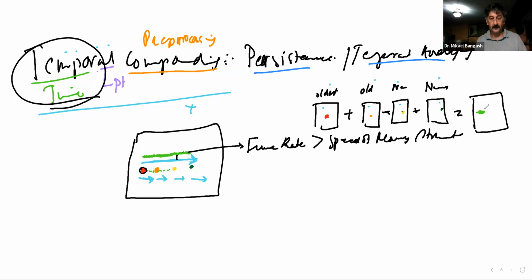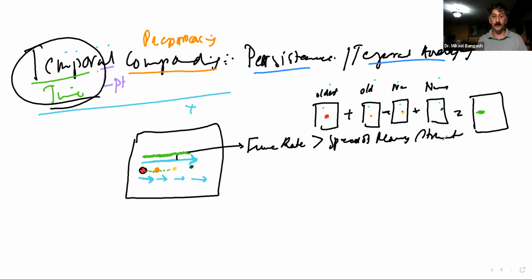But that's only as long as the frame rate, the number of frames we develop in a certain period of time, is greater than the speed of the moving structure.